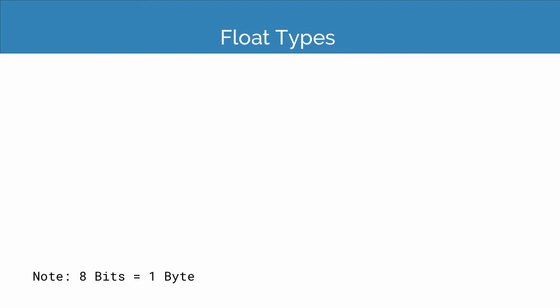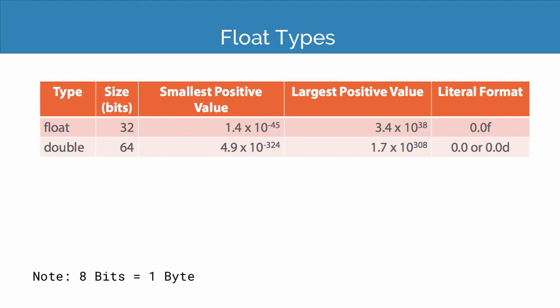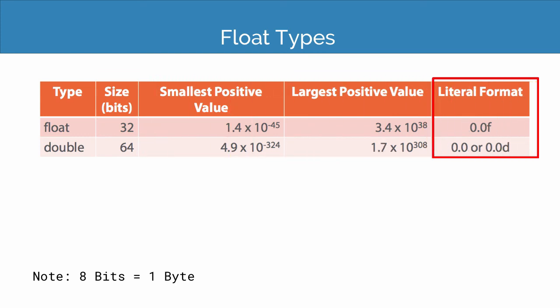Now proceeding forward, we saw the floating types, such as the float and double data type, and these are the size in bits. And here we have the smallest value that it can have and also the largest possible value that it can have. Now for the literal format, if you notice, in case of float, we need to have small f appended at the end.